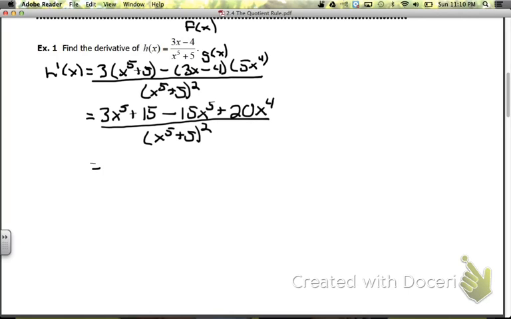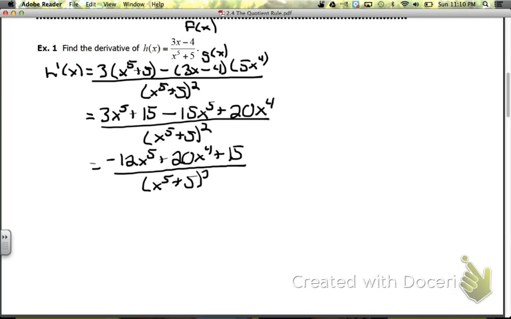Collect our like terms, and we have negative 12x to the power of 5 plus 20x to the power of 4 plus 15, all over x to the power of 5 plus 5 squared.